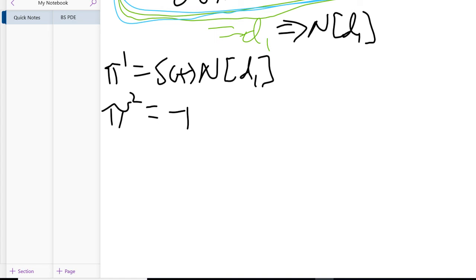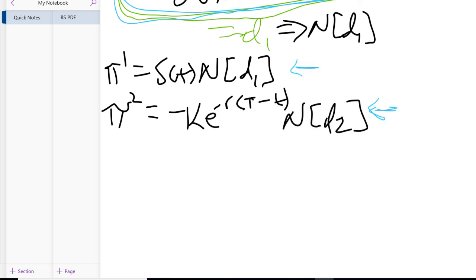So basically just this part without the negative in front is a cash or nothing call, and because it's negative, it's a short cash or nothing call. This here is a long asset or nothing binary, and you can confirm that too.